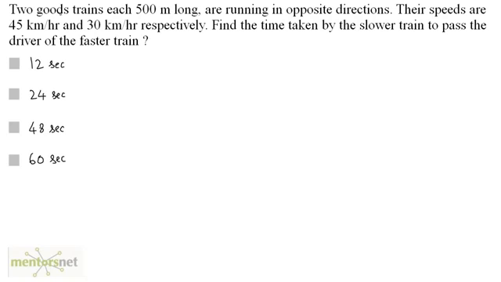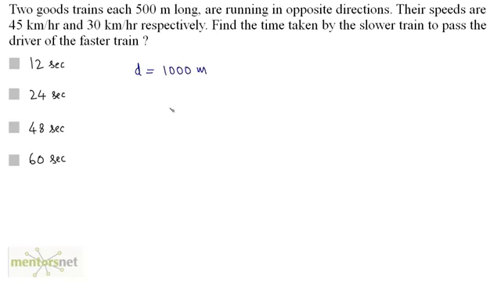So again, we have the lengths of the two trains as 500 meters each. So the relative distance traveled is basically the addition of the lengths of these two trains. So distance is equal to 500 meters plus 500 meters, that's 1000 meters.